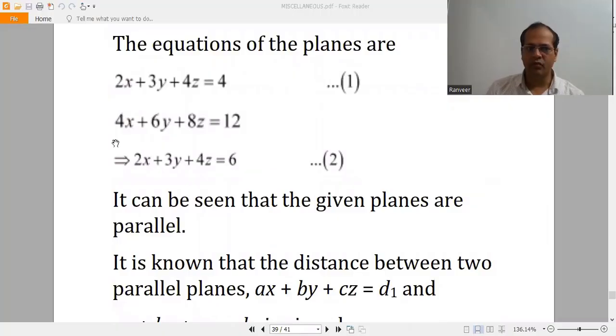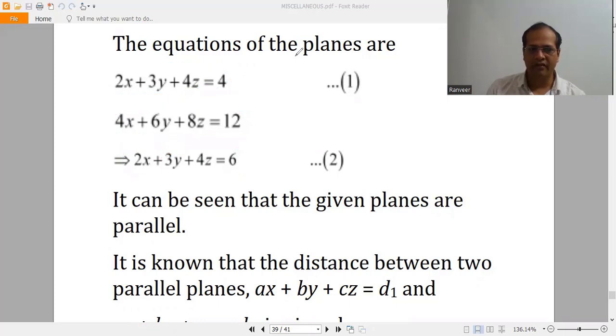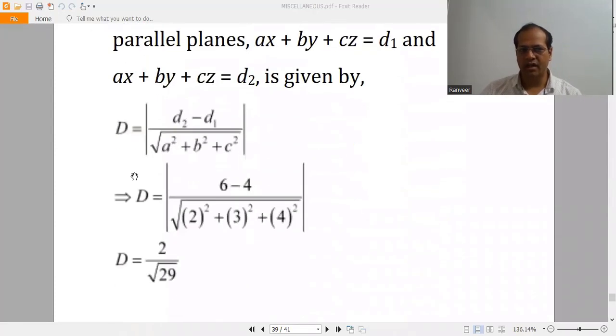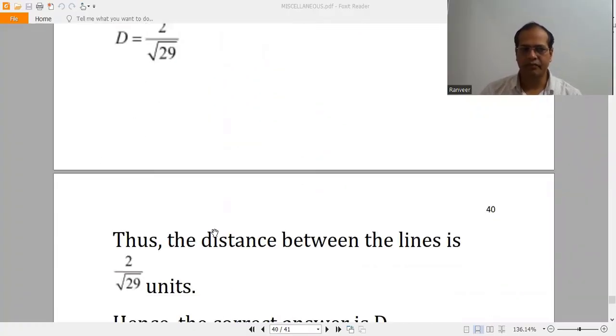First of all, we have to make the coefficients equal. This is the first plane. Once we divide by 2, we get this. After that, d1 minus d2 divided by the square root of a square plus b square plus c square. So this is the required value of d.